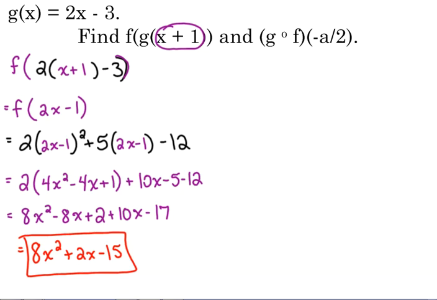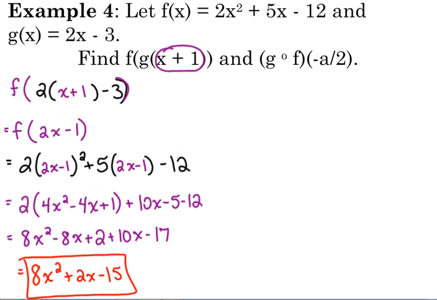Let's do another one. Let's do g of f, so reversing the order, and that expression looks a little different. We've got negative a over 2, so let's see what is a little different about this one. So we've got g of f. We're plugging negative a over 2 into f.